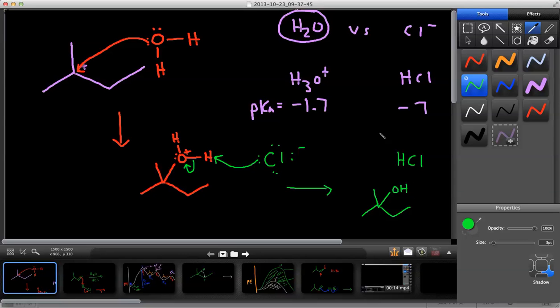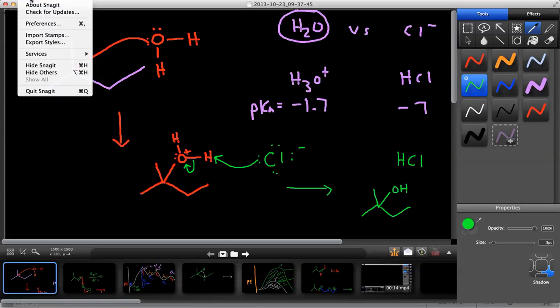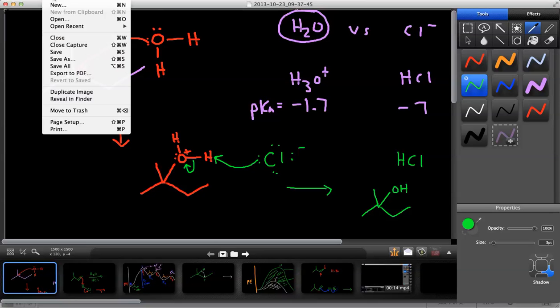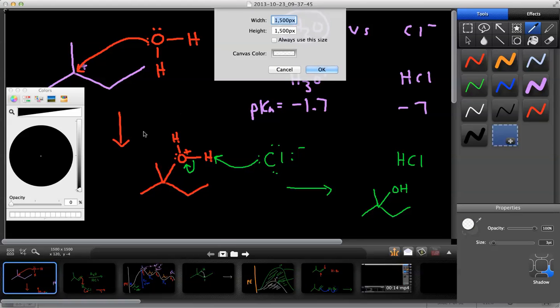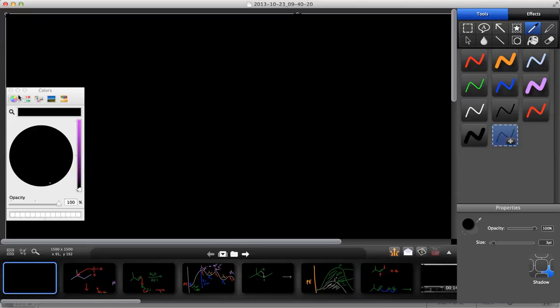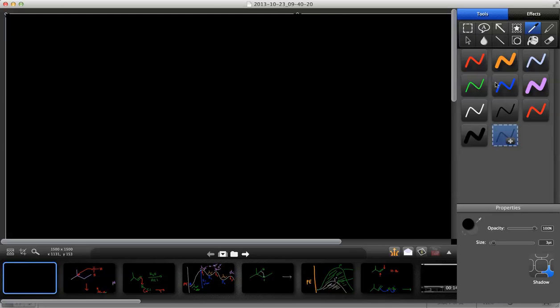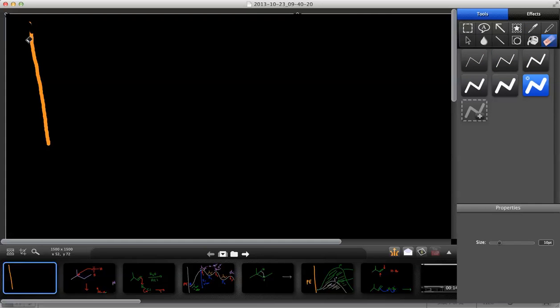Again, I think it's useful to look at the potential free energy diagram. That has got to be the worst drawing I've ever made in my life.